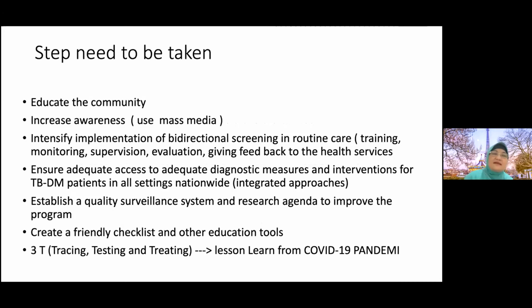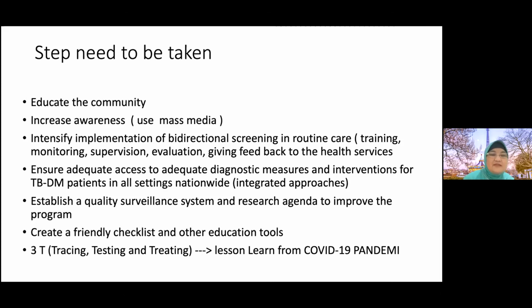These are the steps that need to be taken, according to my thought. First, we have to educate the community. Second, increase awareness, use mass media, and intensify implementation of bidirectional screening in routine care, and do training, monitoring, supervision, evaluation, and giving feedback to the health services.